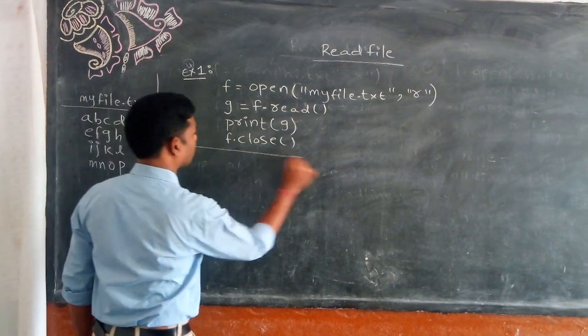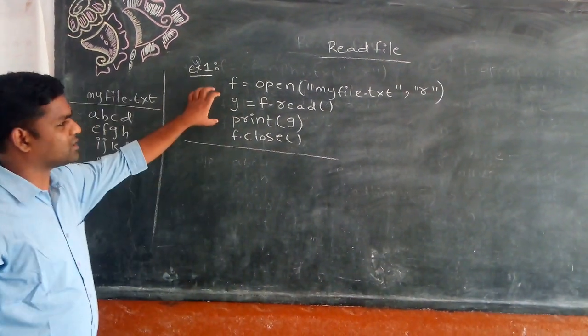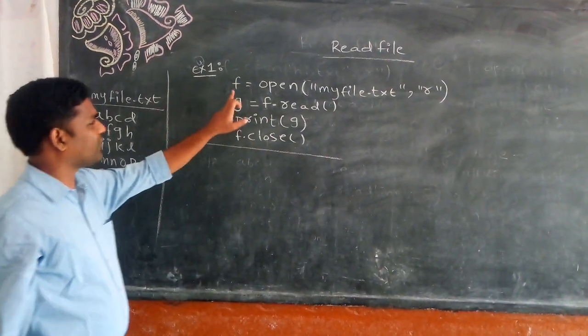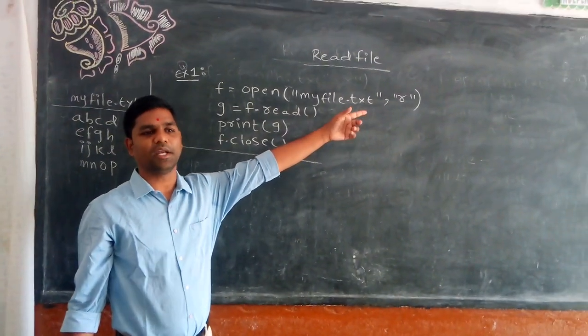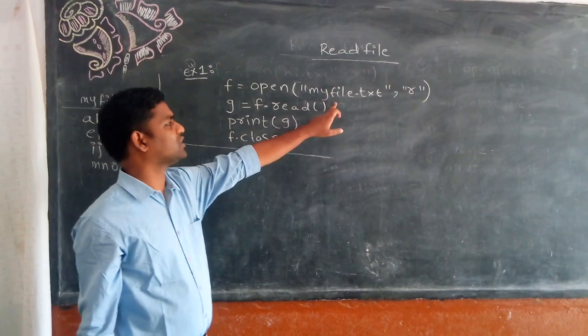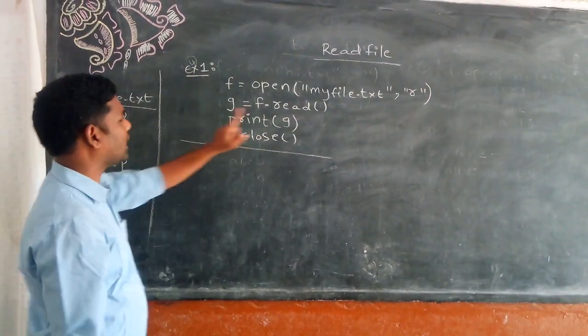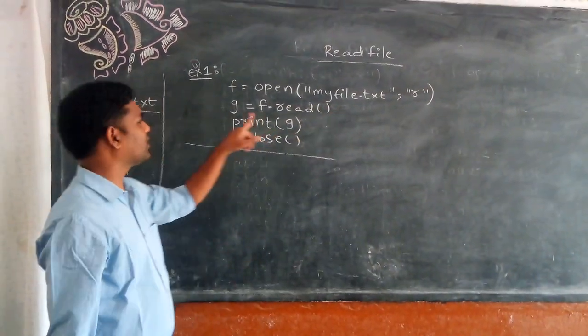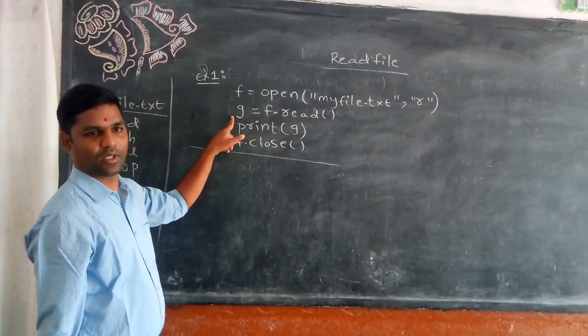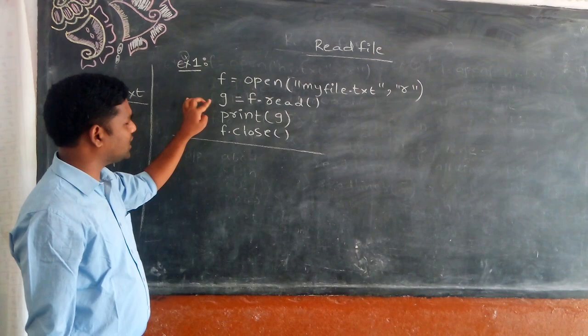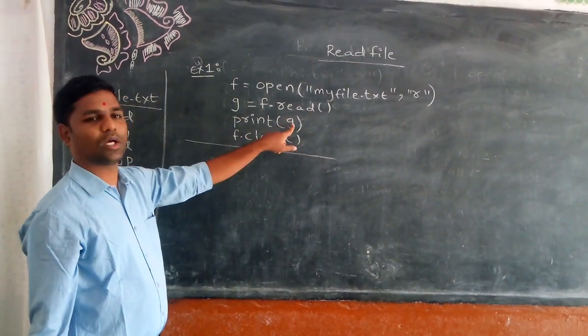So this is one example. Whenever I execute this example, what will happen? First line, it will open the file myfile.txt in read mode and check whether the file is available or not. The file is available and read mode will be opened. Thereafter, it will read the entire content and store it into the variable g, and then I am printing g to the console.